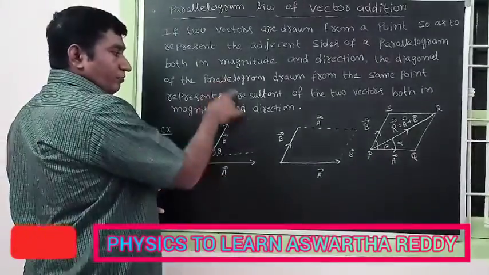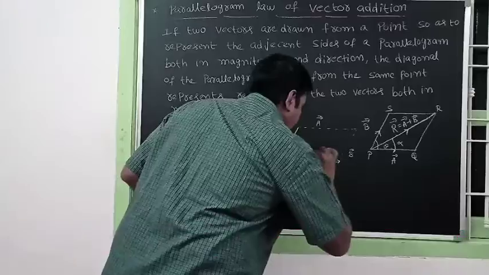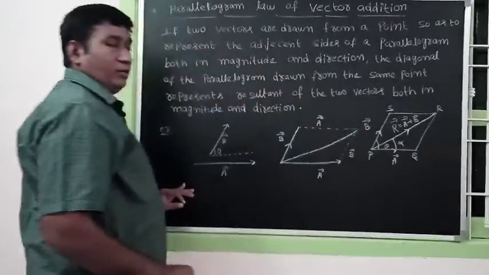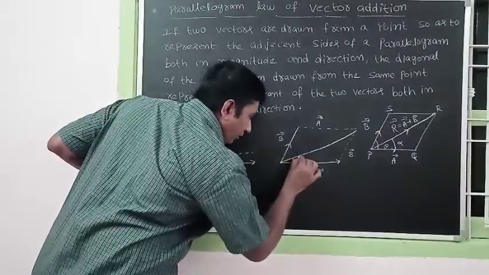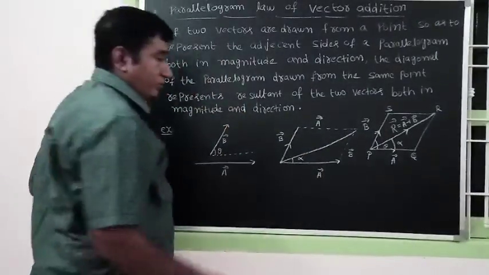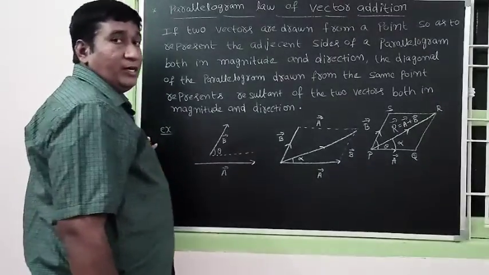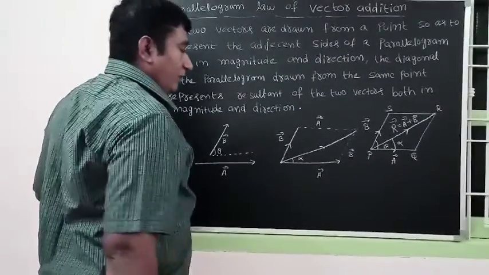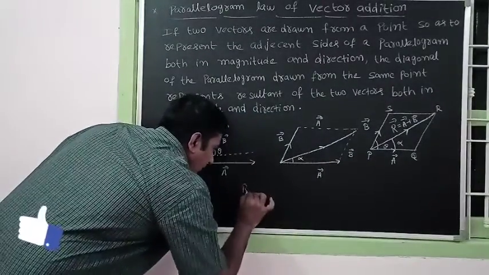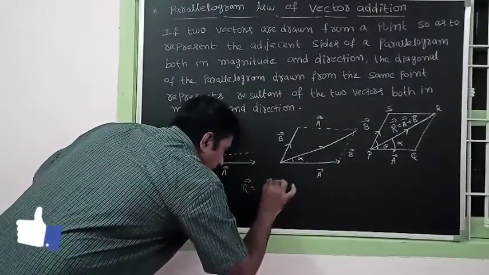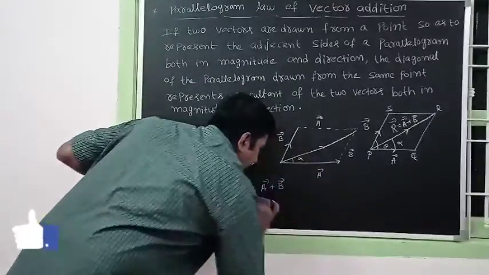Then the resultant of these two vectors from the same point is nothing but the diagonal. Here alpha is the angle, which represents the direction of the resultant vector, how much angle it makes. Here R vector is equal to A vector plus B vector. So what is the magnitude of R vector?